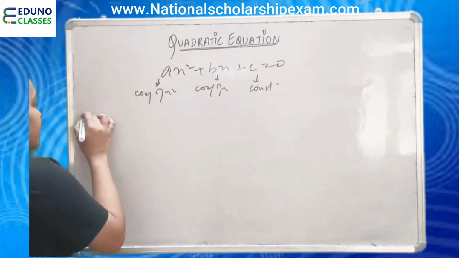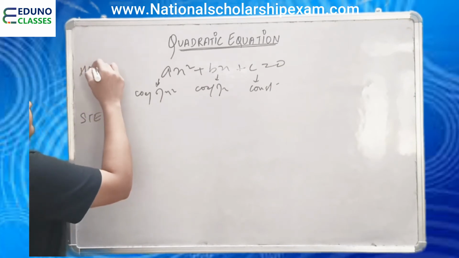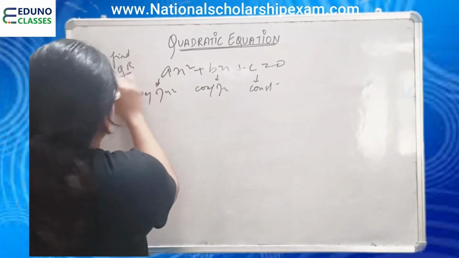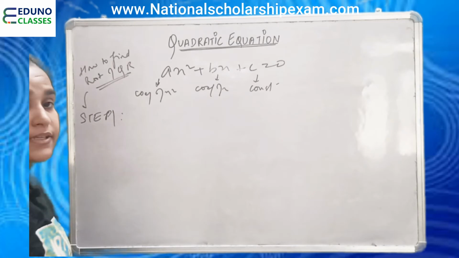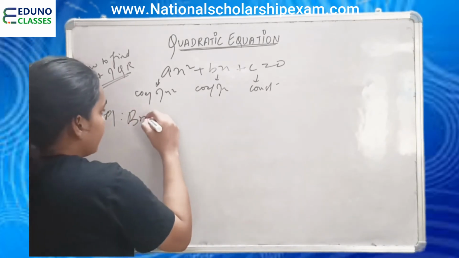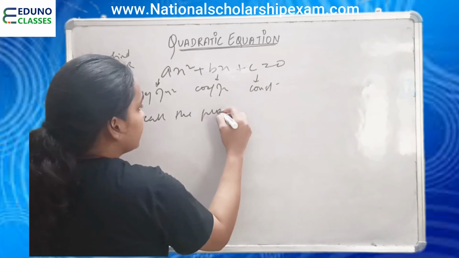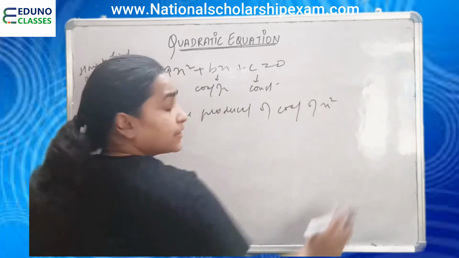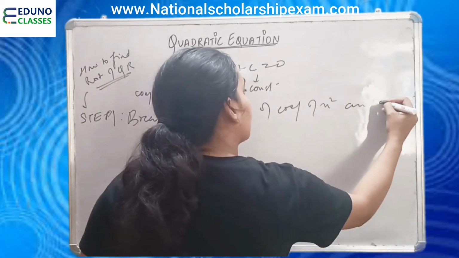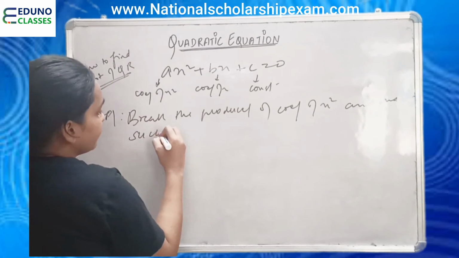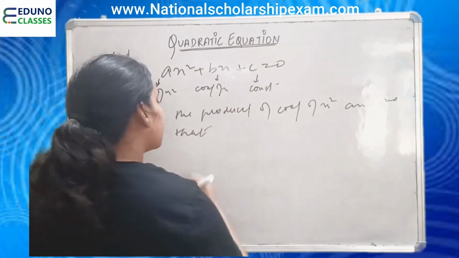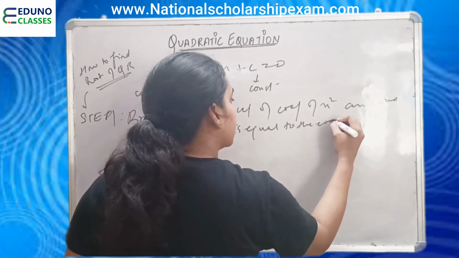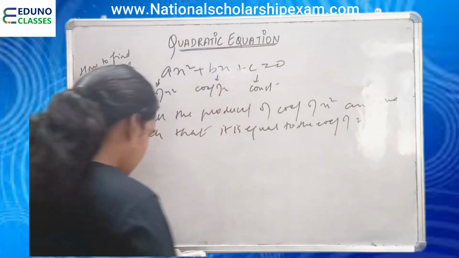Step 1, how to find the roots of a quadratic equation. The step 1 is to break the product of the coefficient of x square and the constant such that it is equal to the coefficient of x.